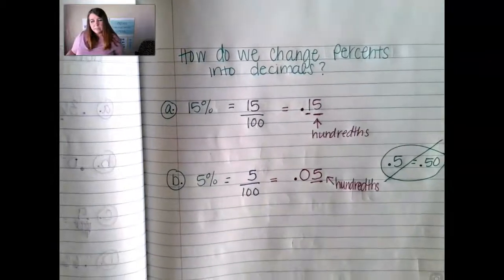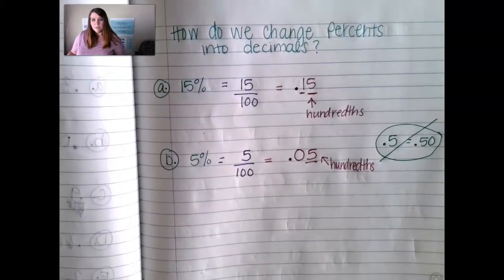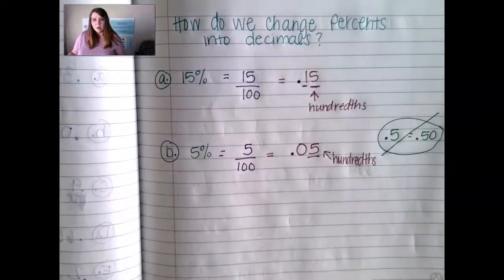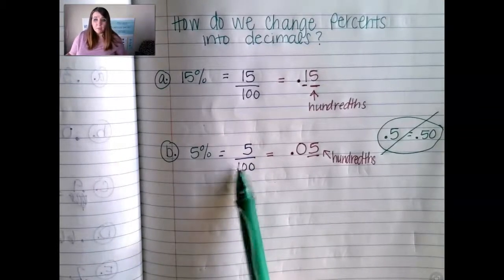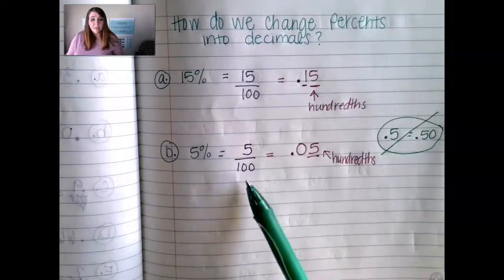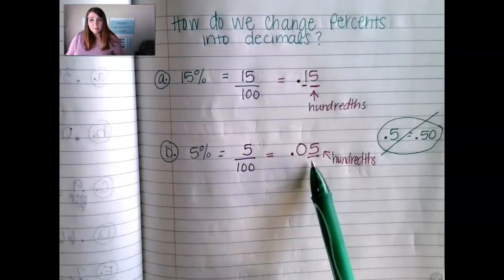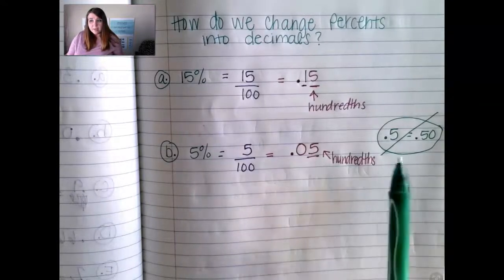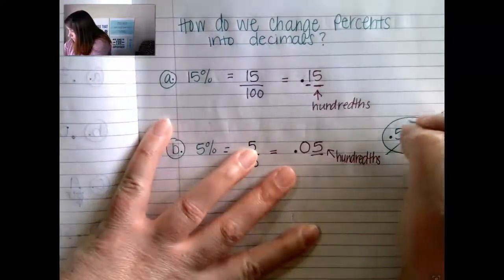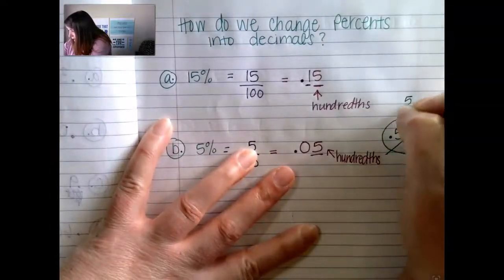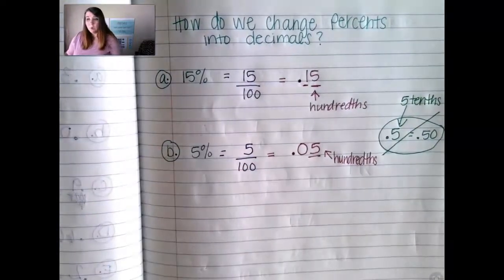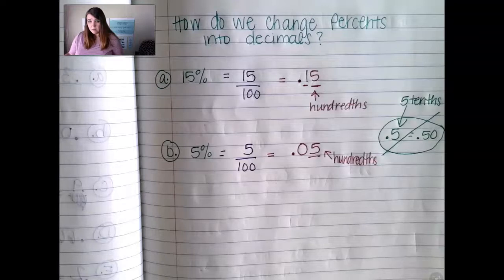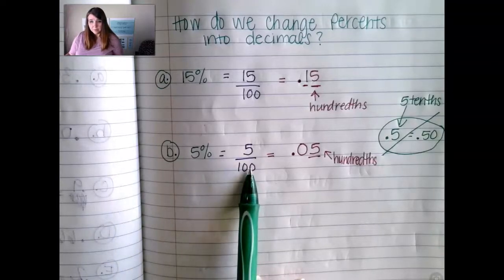So we really need to make sure that when we're reading our place value, we are carefully reading what type of fraction we have. So here we had 5 hundredths. Here we have 5 hundredths. This right here, this is saying 5 tenths. So we want to make sure that we're not mixing up this.